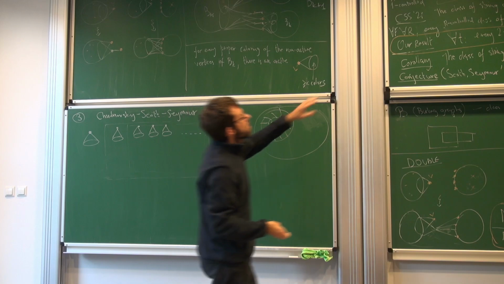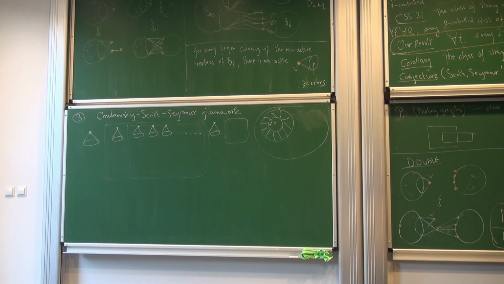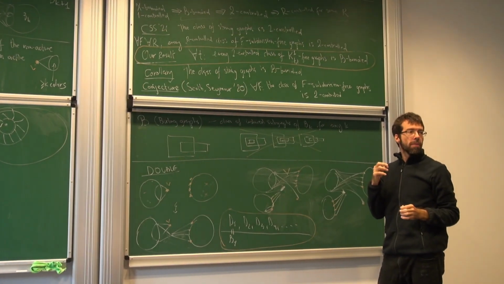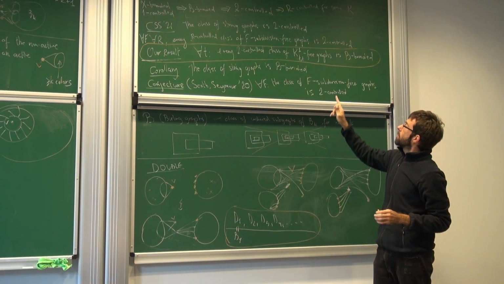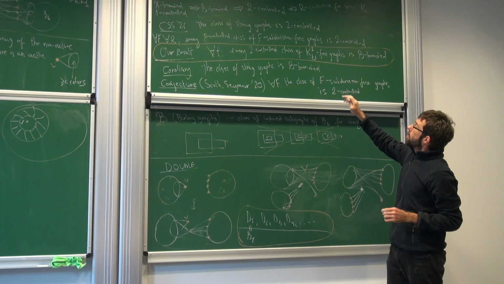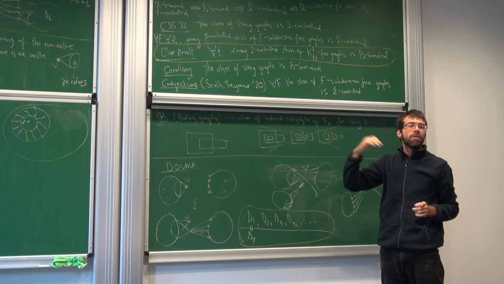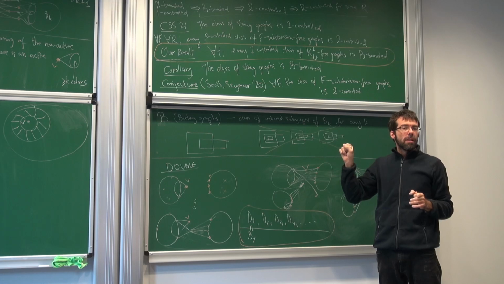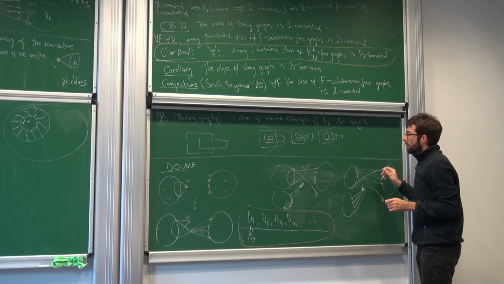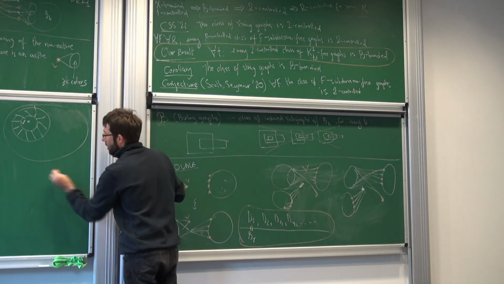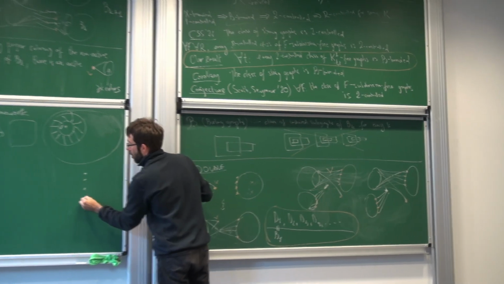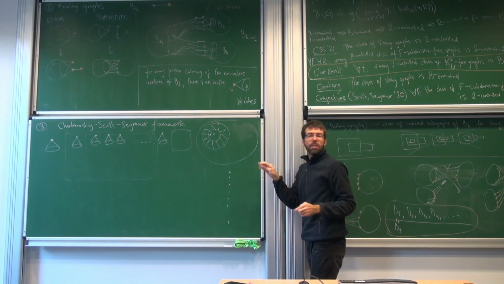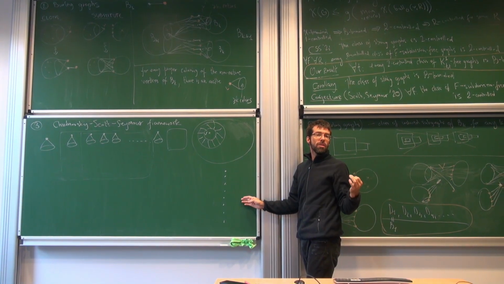Okay. We are assuming that it's also K_{T,T} 1-subdivision free. So a subdivision of K_{T,T} is something that we will find at some point. By the way, one thing that I forgot to tell you is that if we have a class of graphs which is F-subdivision free for some F, then it is K_{T,T} 1-subdivision free for some T. Because if we have large 1-subdivisions of K_{T,T}, then we can construct 3-subdivisions of any graph.